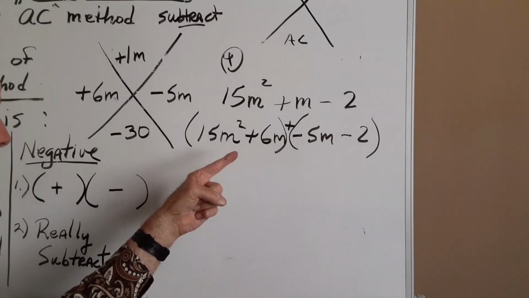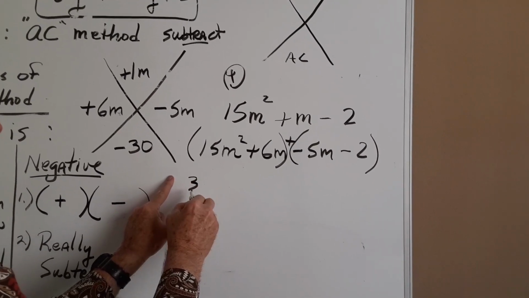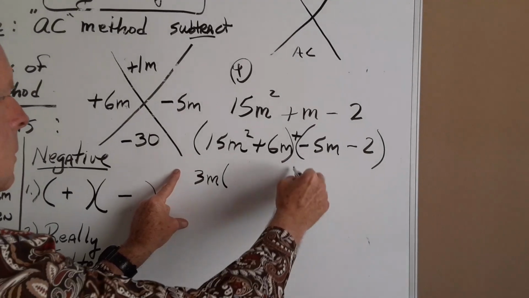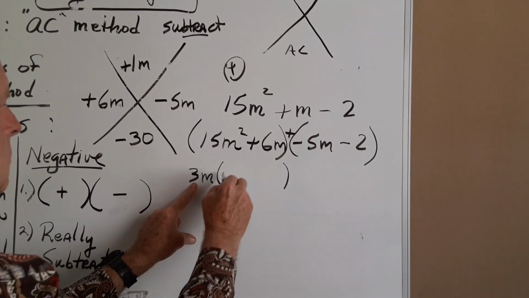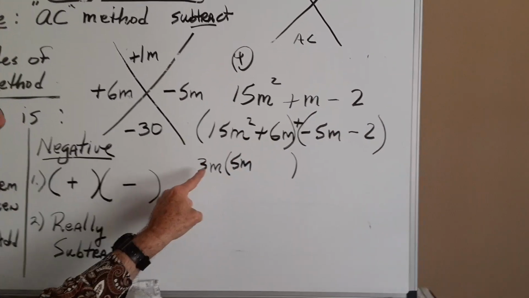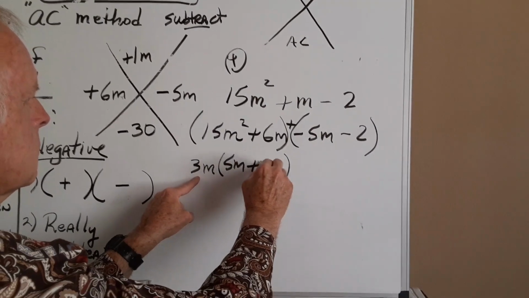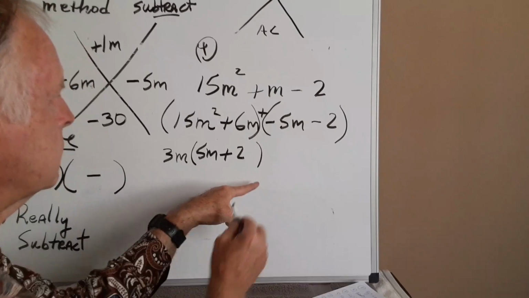GCF. 6 and 15, they have a 3. And an m. Let's divide twice. Let's divide. Pull out a negative.